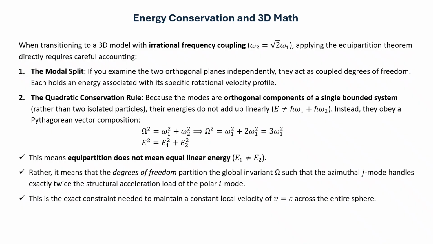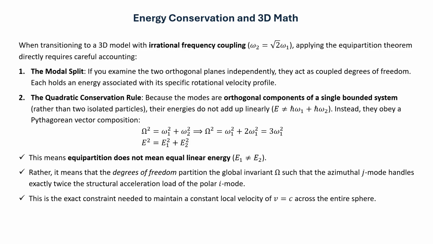For the frequency, we have that capitalized omega again, and Pythagoras says the squared hypotenuse is the square of the 2 sides of the triangle that make it up: omega 1 squared plus omega 2 squared. And from there you can see that the capitalized omega can be written as 3 times omega 1 squared.